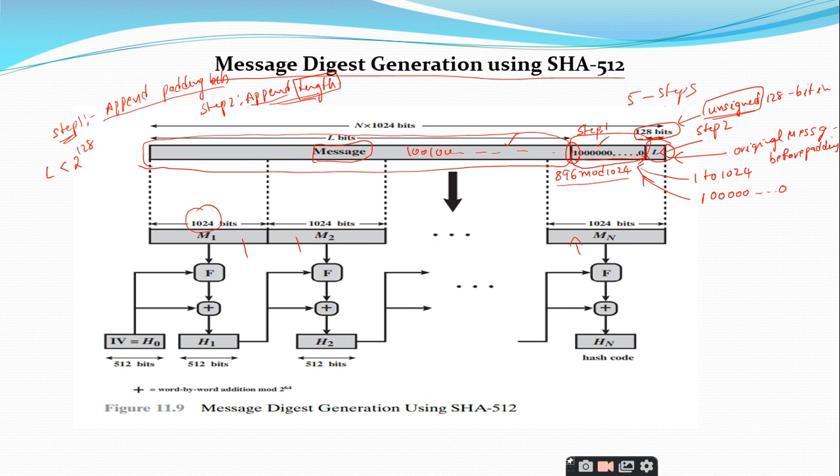So after this second step, whatever output you have from these first two steps results in a message from here to here. You can see here. So the output of these two steps is going to generate a message that is an integer multiple of 1024 bits. Why 1024? The reason is SHA-512 is defined in such a way that each and every block should be 1024 bits in length.